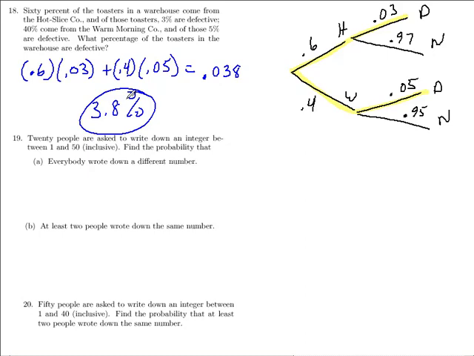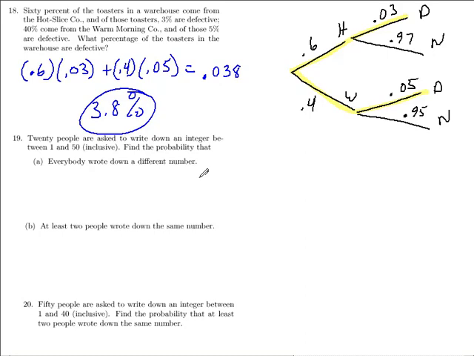Question 19. 20 people are asked to write down an integer between 1 and 50 inclusive. What is the probability that everybody wrote down a different number? Well, we could draw out 50 blanks. The first person would have 50 choices, the next person would have 49, 48, 47. Write out 20 blanks. So 50, 49, 48, 47, 46.